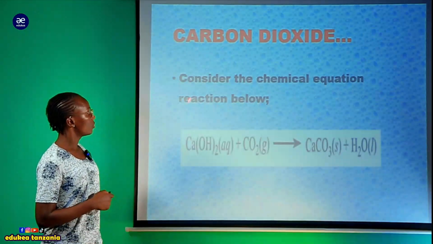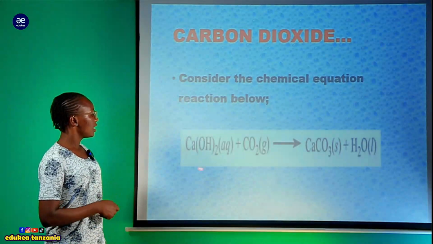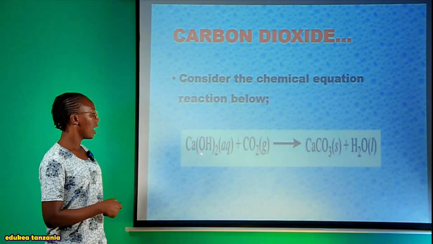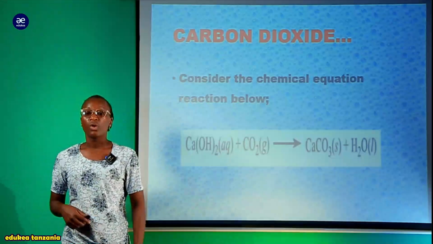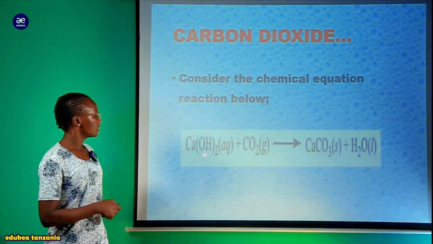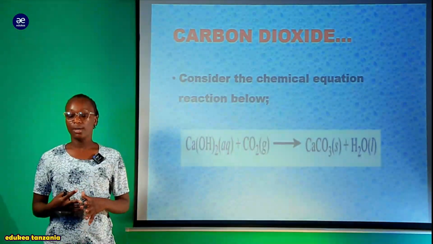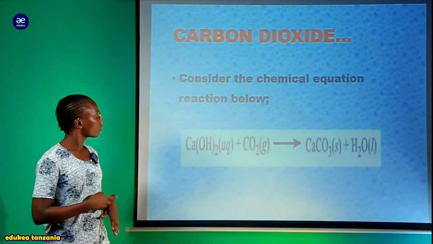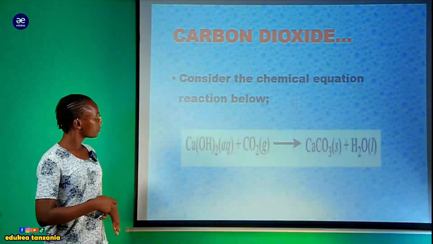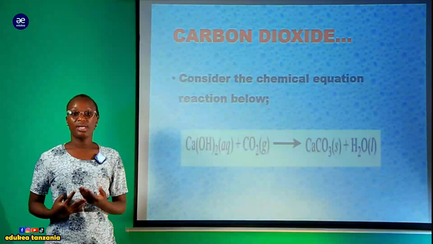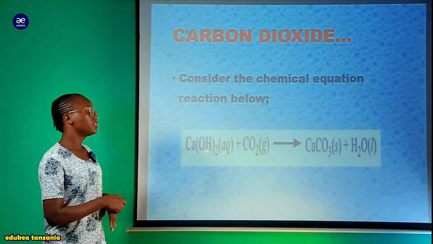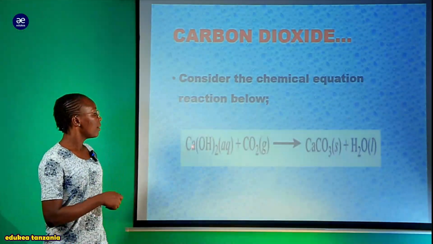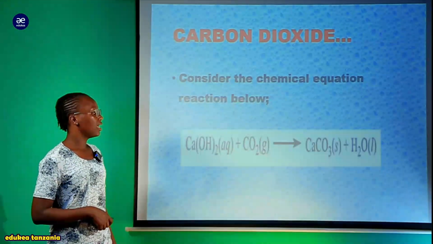So consider the chemical equation below. This is calcium hydroxide, and this is the carbon dioxide. Lime water is the common name for the compound whose chemical name is calcium hydroxide. So the lime water reacts with the carbon dioxide.